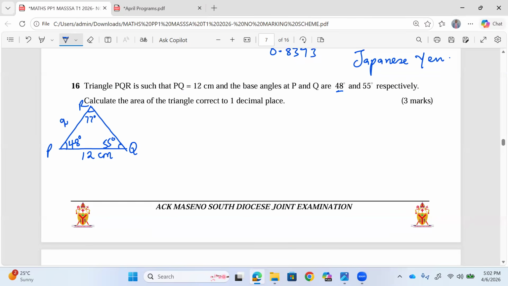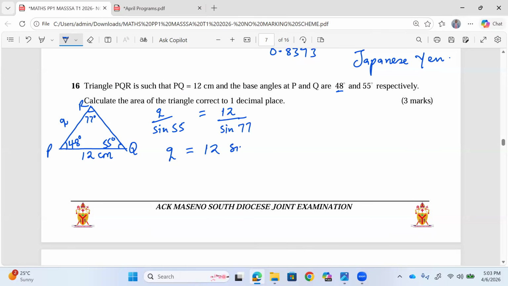The length q over the sine of the opposite angle, 55, equals 12 divided by the sine of the angle opposite 12, that is 77. To remain with q, we multiply both sides by sine 55.